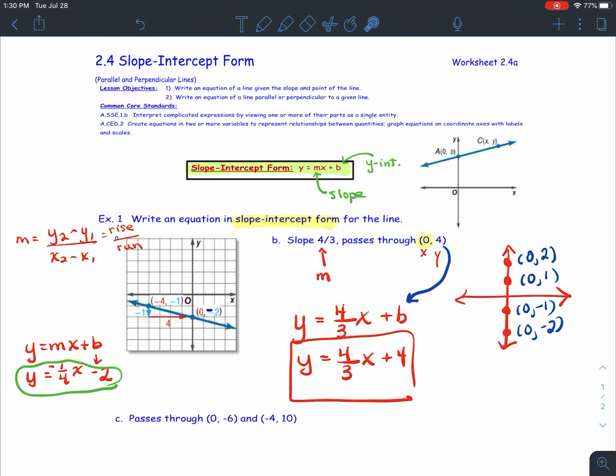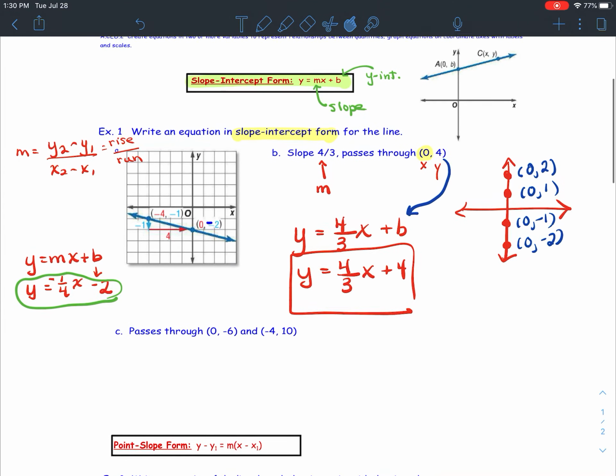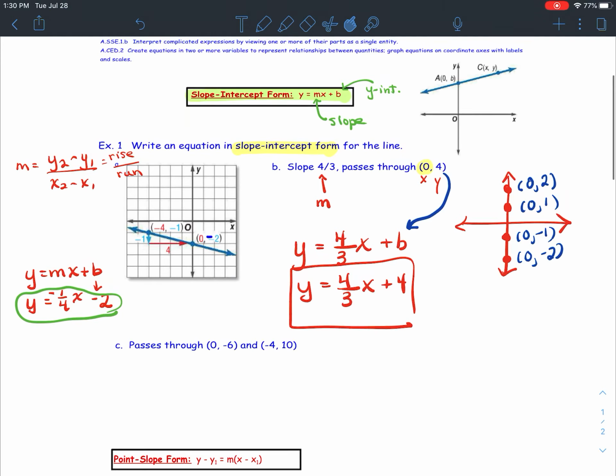So we're going to tackle today situations where maybe the point they're giving you is not actually the y-intercept and how we could still come up with a way to put the equation in slope-intercept form. So let's go ahead and look at example C. Example C now is giving us 2 coordinates, and again, the directions are to write the equation in slope-intercept form.